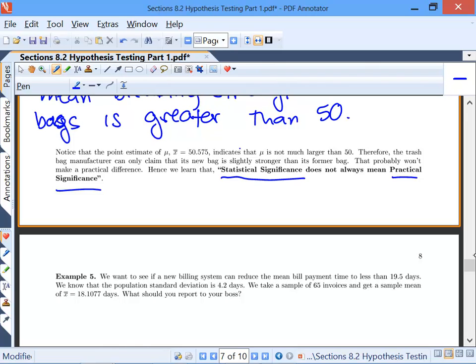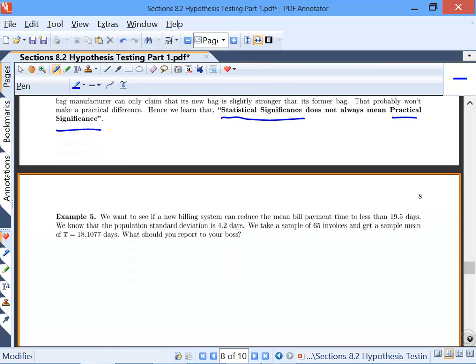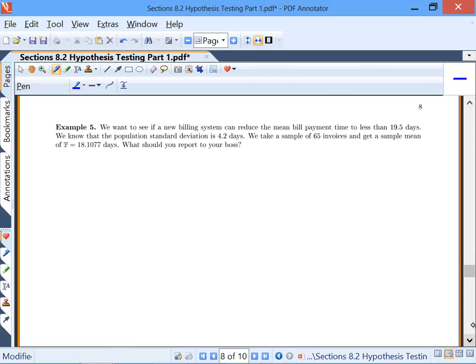And so any other questions before we go on to the next one? Okay. So this should help answer your question. So we want to see if a new billing system can reduce the mean bill payment time to less than 19.5 days. So to me, that means that we want to show that the mean bill payment time is less than 19.5.